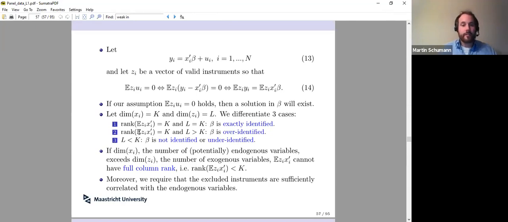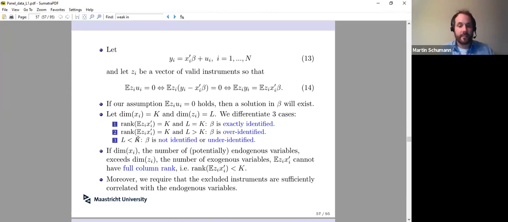Now, if this thing here has rank K, so we say that this has full column rank because the number of columns is governed by x prime in this case, but the number of instruments, L, is strictly larger than K, then we say that beta is over-identified.